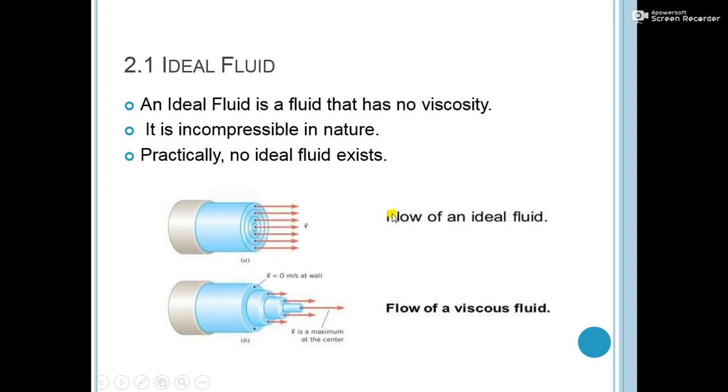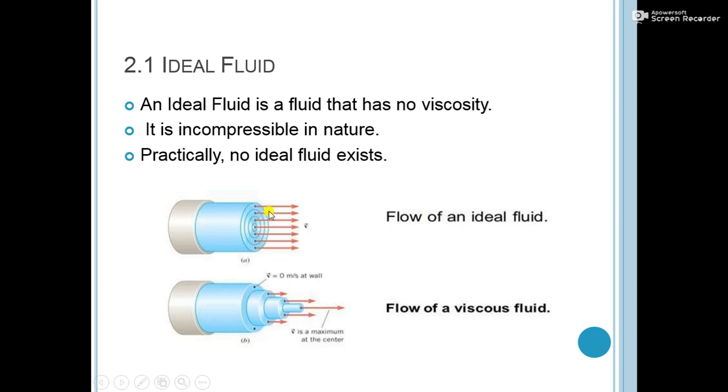So let us see the figure. There are two fluids. The fluid which flows through a pipe and has viscosity is shown in figure B, and a fluid which has no viscosity is shown in figure A. So we can easily understand.